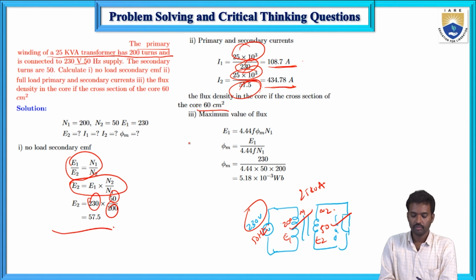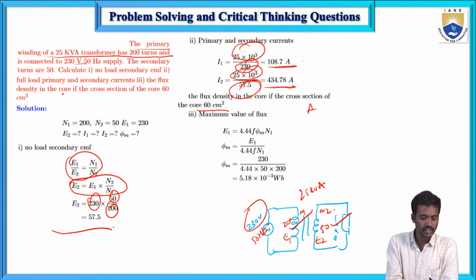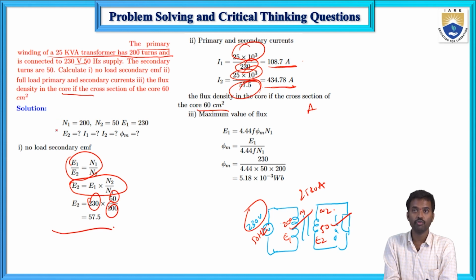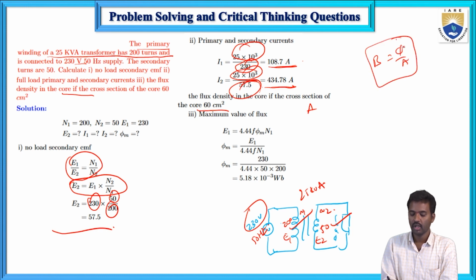And next thing here, the cross sectional area is given. In the question, first calculate the flux, not the flux density. Flux density equals flux per unit area, so if you know the area then you can determine the flux density.